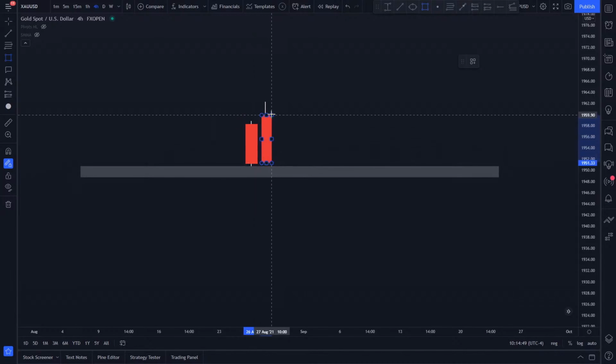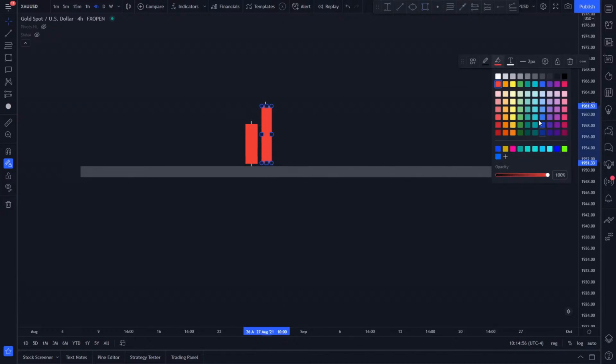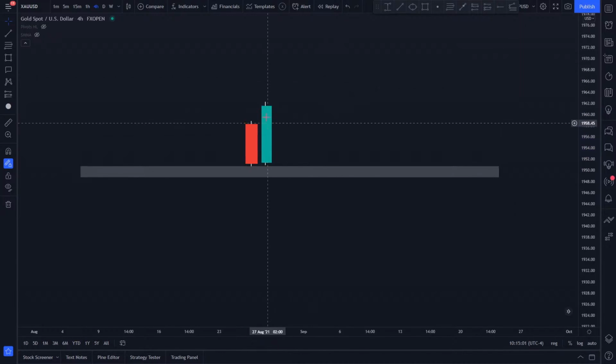The opening price will be there, and we will have our bullish engulfing candle. Just like that, right? So we have our bearish candle, and then we have our bullish engulfing. So pretty much all it is, the bears in the market got engulfed by the bulls, right? So this is a bullish engulfing. So you will enter here.